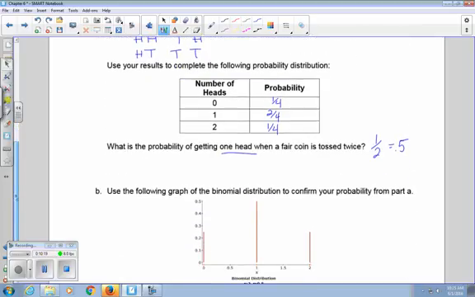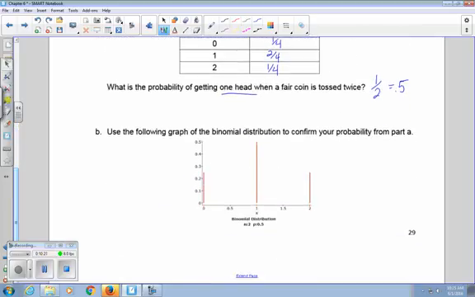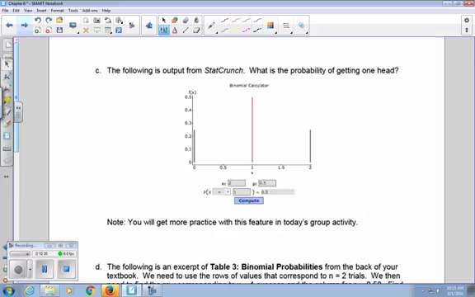Now, using the graph below, we can do the same idea. We can confirm what we found in part A. The probability of getting 1 head is this line here, and it tells us that it's 0.5. And this graph was created in StatCrunch.